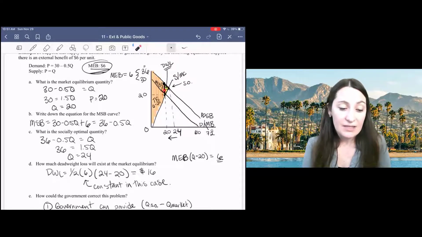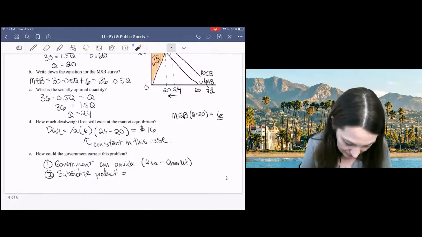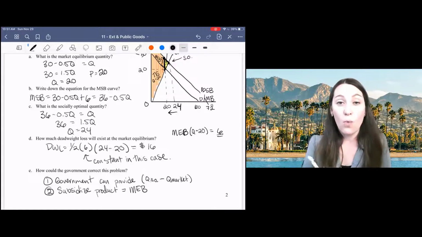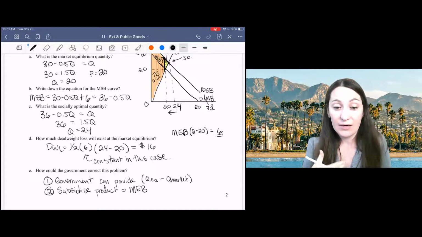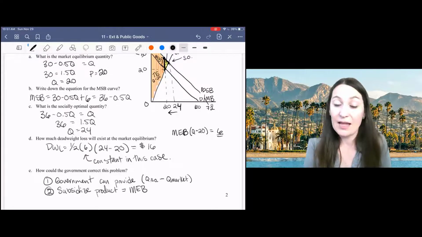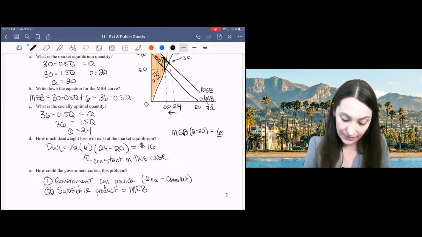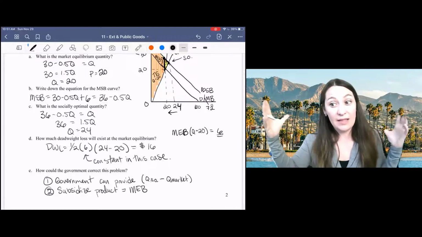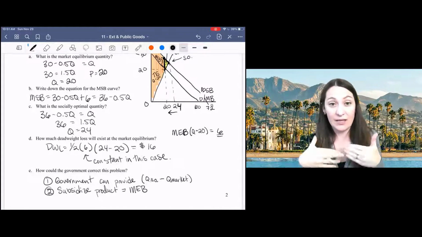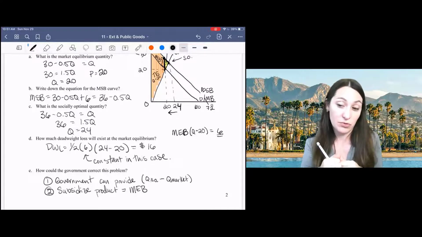And so the subsidy that will get us there is equal to the marginal external benefit, because when I subsidize the product by $6, in this case, by the amount of the external benefit, basically I'm taking that external benefit of the product and I'm internalizing it to the decision that consumers and producers are making.